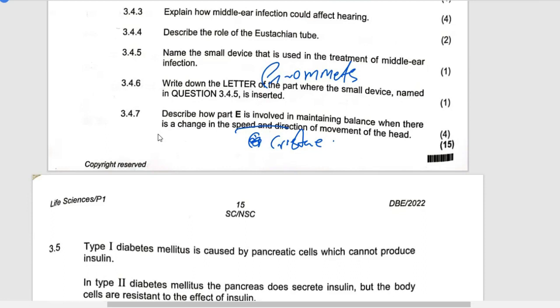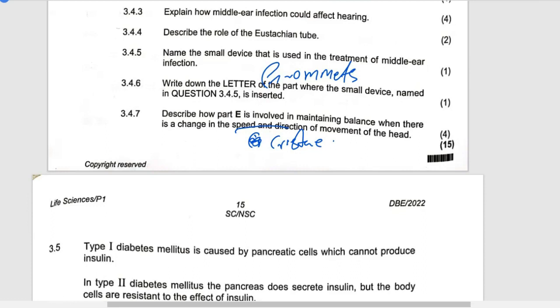Or you can say that cristae are stimulated and then convert the stimuli into enough impulse which is sent to the cerebellum, where there is interpretation, and then this sends the impulse to the muscles, and then balance is restored.